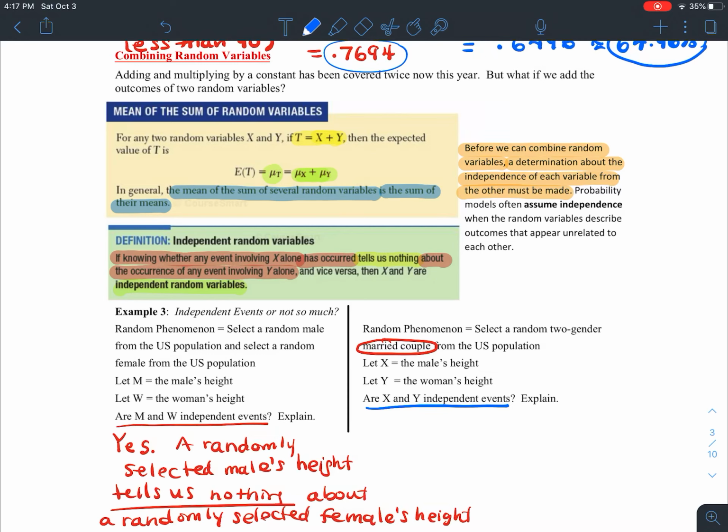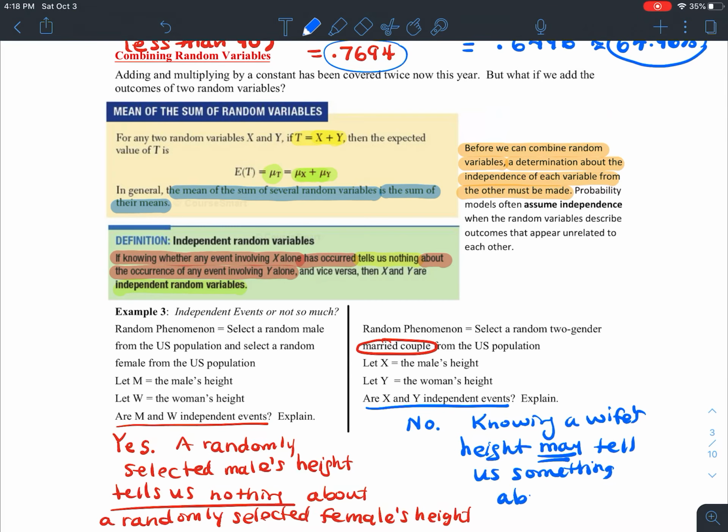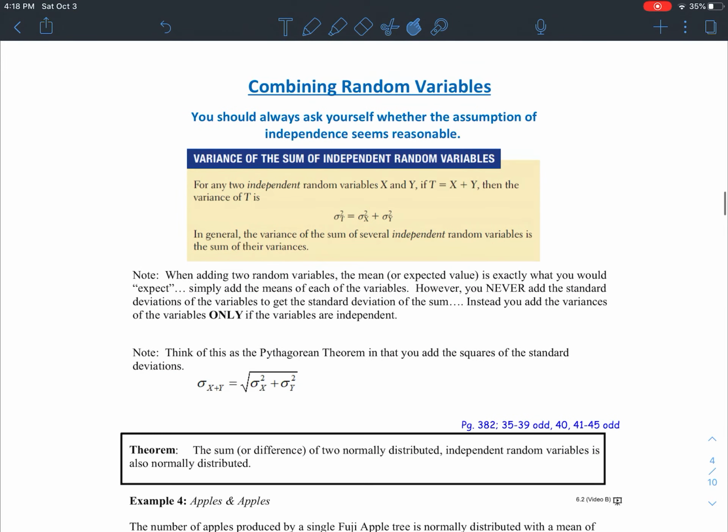And so if you knew that a wife was 6 foot tall, it would probably give you some indication that the husband is likely taller than 6 foot. So for that reason, when we're answering whether these two random variables are independent, I'm going to respond no, because knowing a wife's height may tell us something about the husband's height. Okay?